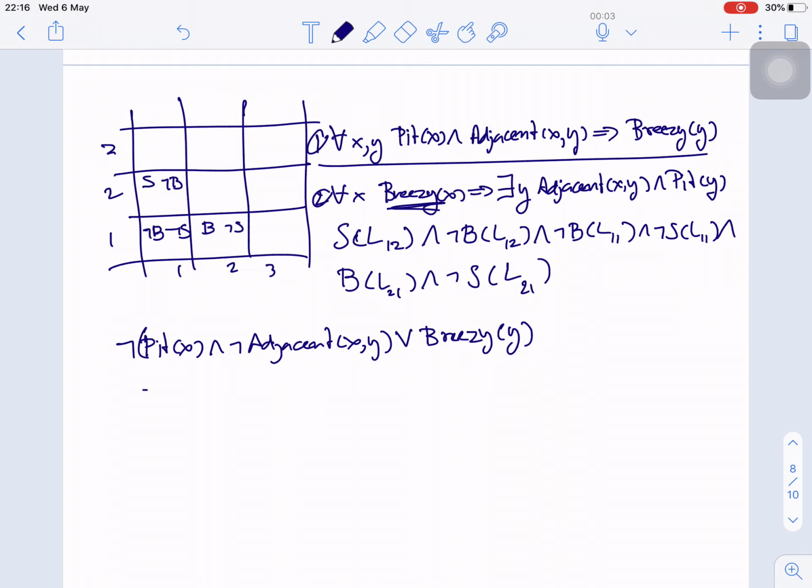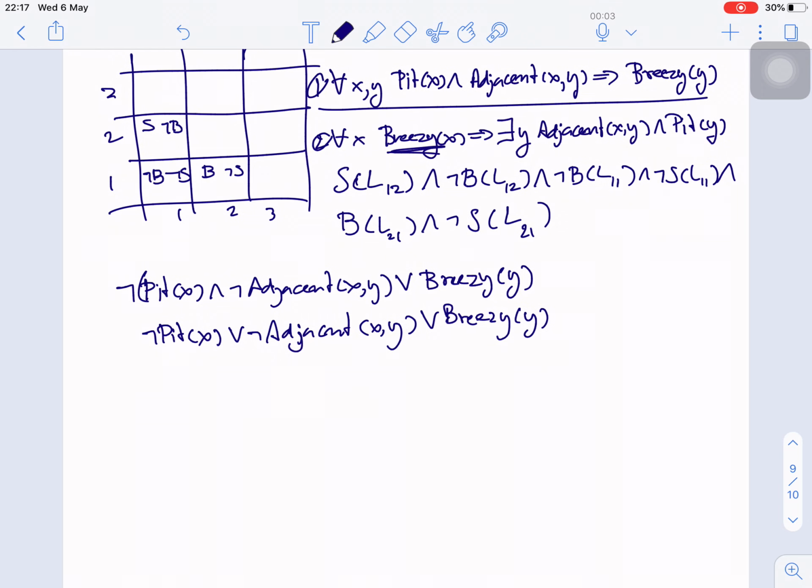You can convert it into not pit x or not adjacent x y or breezy y.